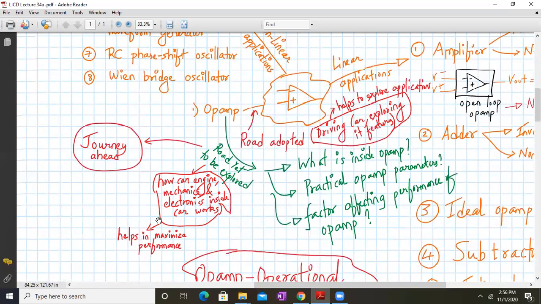Now we will learn a little bit of how the car works, how the car engine mechanics work, and what the various electronics inside the car are which will maximize the performance, right? We should know the mileage of the car, how the engine works, and what the coolant is, right? These are points we should also know, which will help us maximize the performance of the car. In a similar manner, we will take a peek inside the op-amp. Okay, so this is our journey ahead.